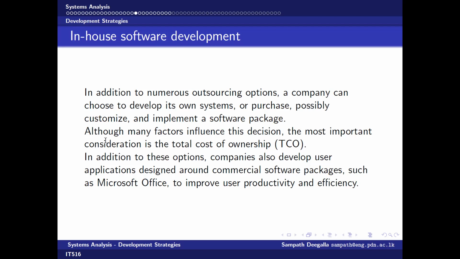But remember that when you are doing in-house software development, you have to think about the total cost of ownership. It's not just what you spend for creating the software. You have to think about debugging as well as later on, how do you maintain the software? So all these costs should be considered, right? And then you can have other packages like Office that simply improve productivity and efficiency in the organization.